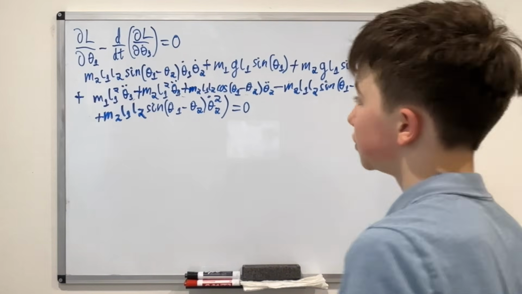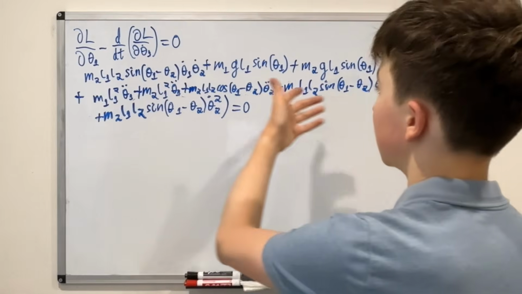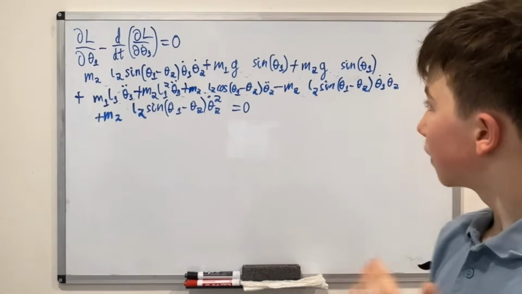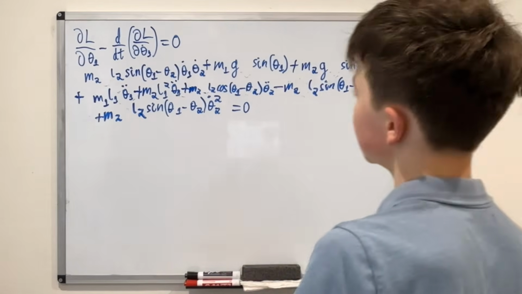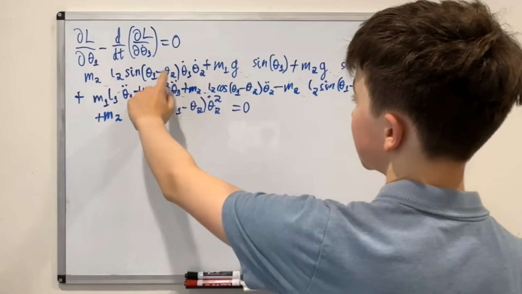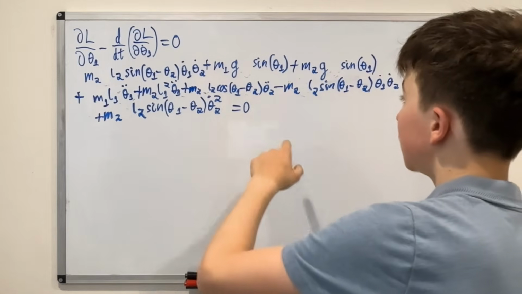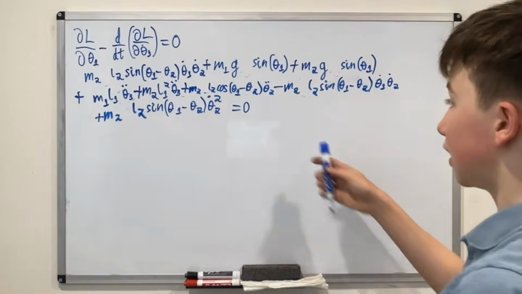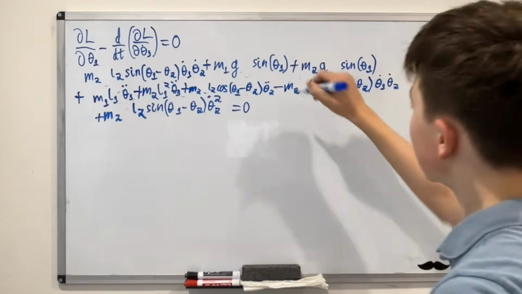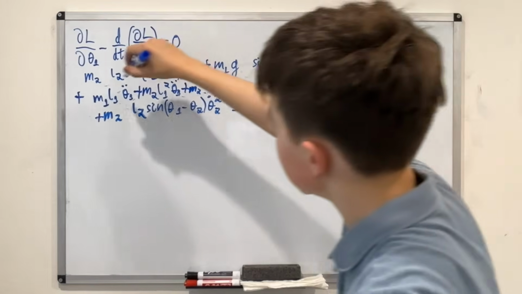Then we can also divide both sides by L1, because one instance of L1 appears in all the terms. Then, very wonderfully, two of these terms cancel. Here we have an M2 L2 sine theta 1 minus theta 2 theta 1 dot theta 2 dot, and here we have the exact same thing, negative M2 L2 sine theta 1 minus theta 2 theta 1 dot theta 2 dot. So these terms are going to cancel.